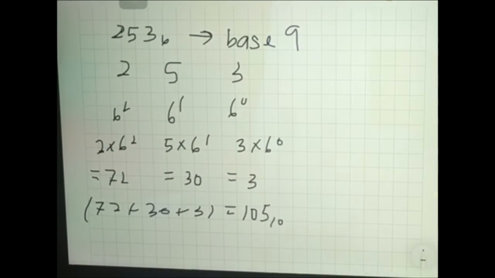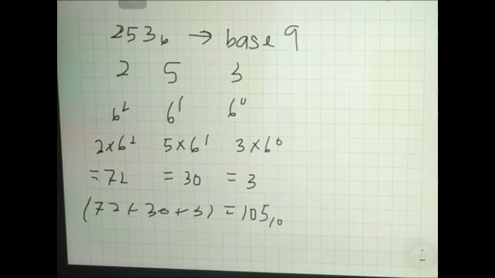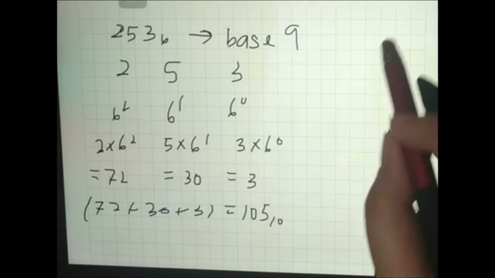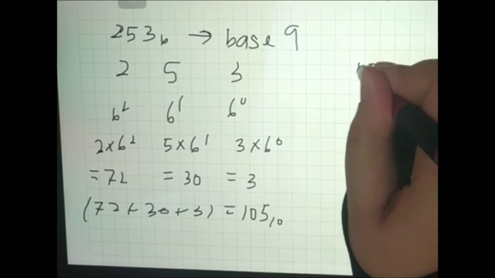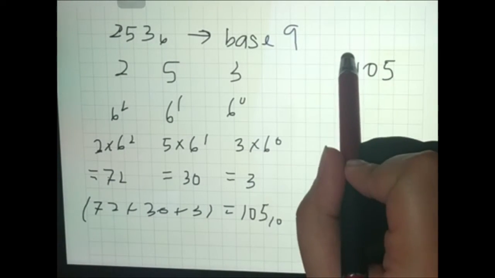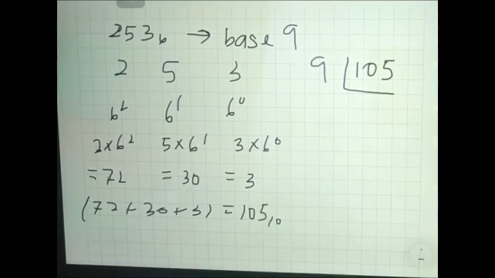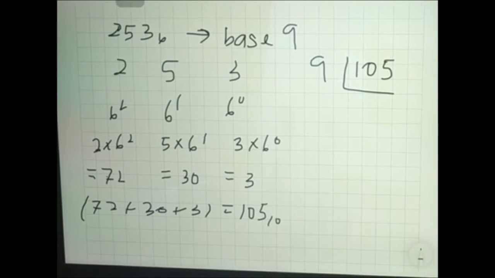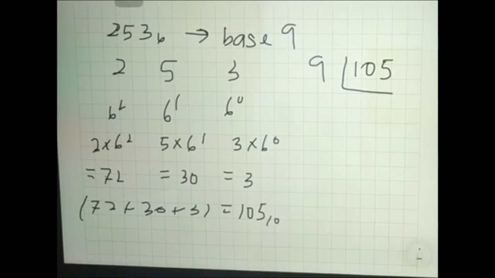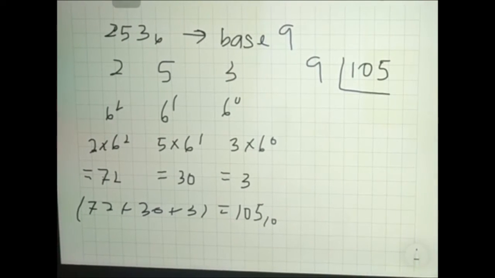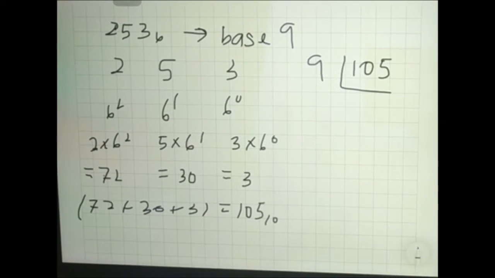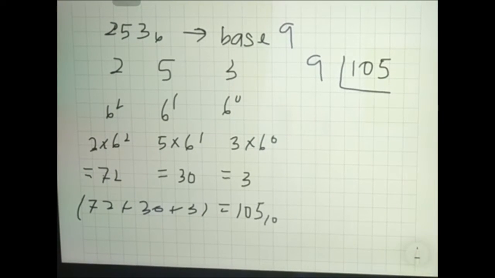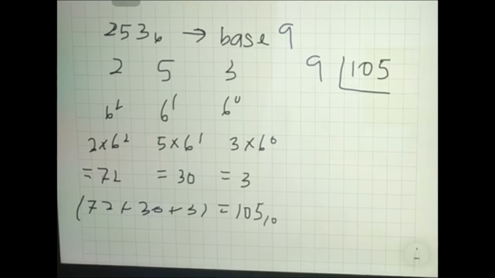Okay, right. Now, to get to base 9, we can divide it using the base number. So 105 divided by base 9. Okay, alright. Remember how I said you need to have your denominator the same as your base number?